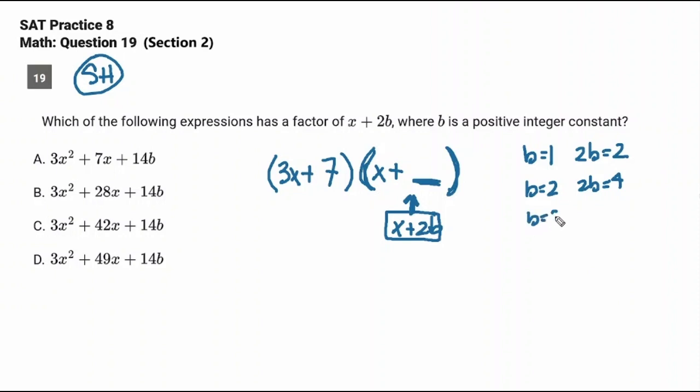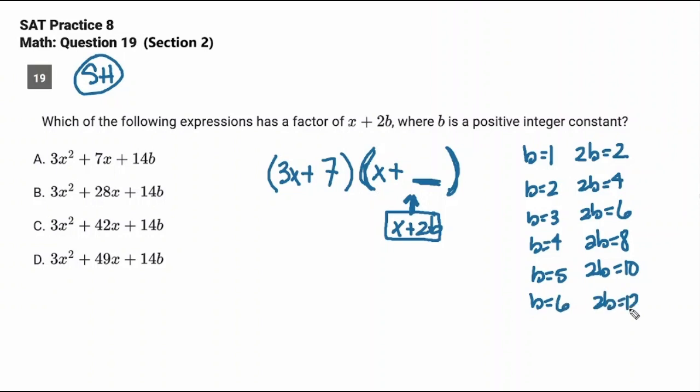If b is 3, then 2b is 6. b is 4, 2b is 8. b is 5, 2b is 10. b is 6, 2b is 12. b is 7, 2b is 14. And we could go on forever, but I'm out of room, and we'd run out of time.